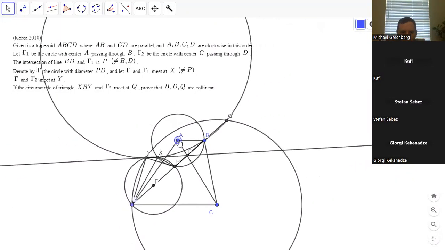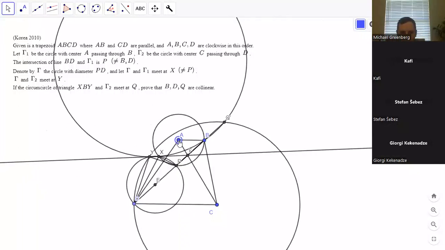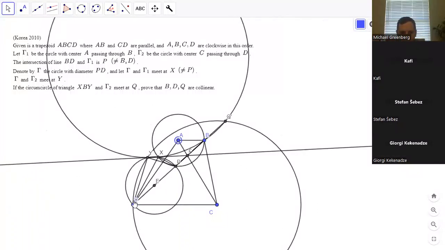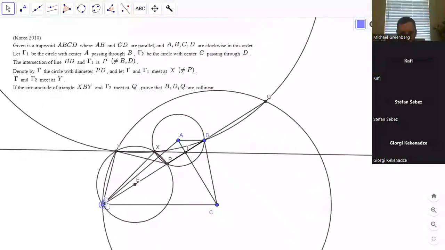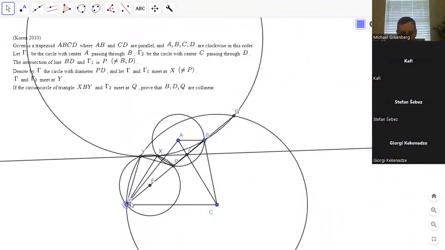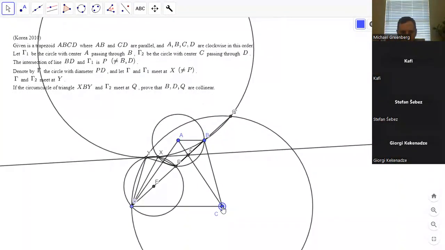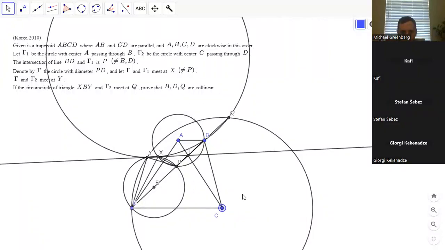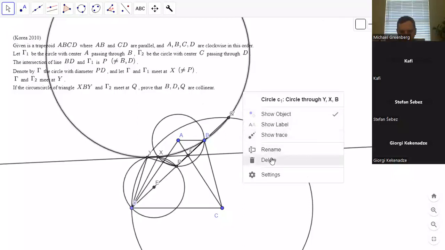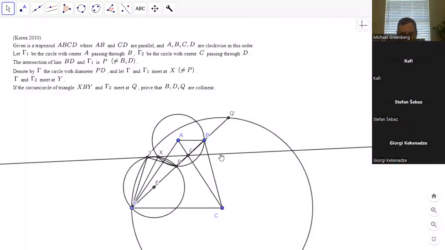So let's think about that. Okay. So how do we show X, Y, and F are collinear?